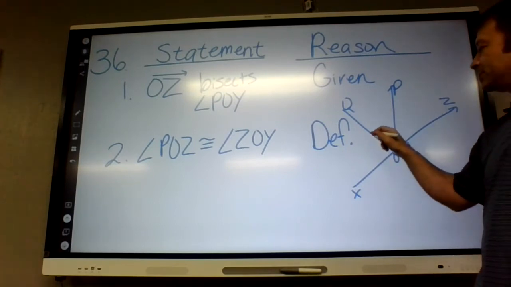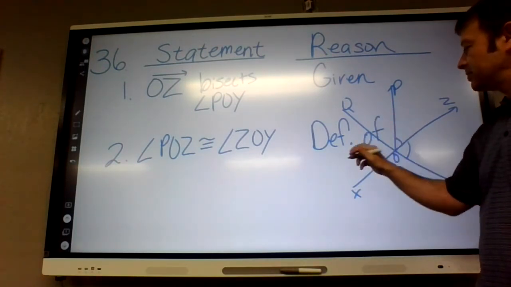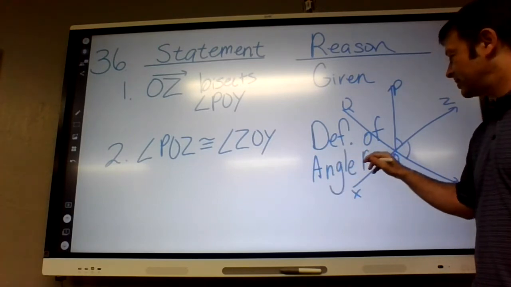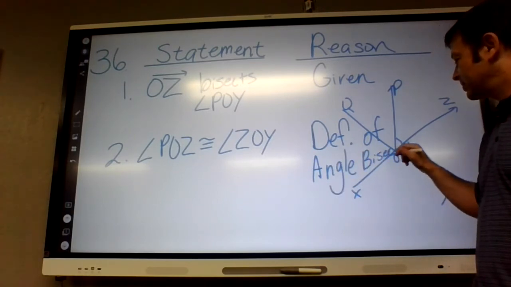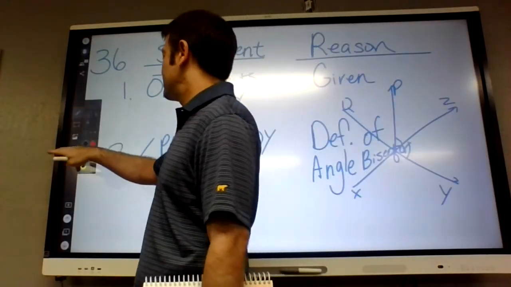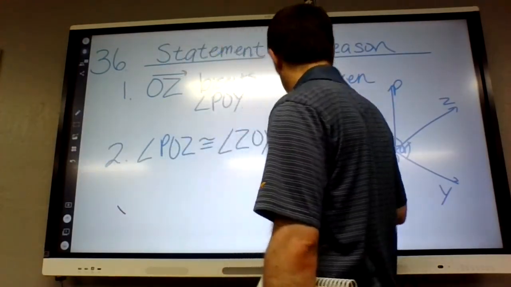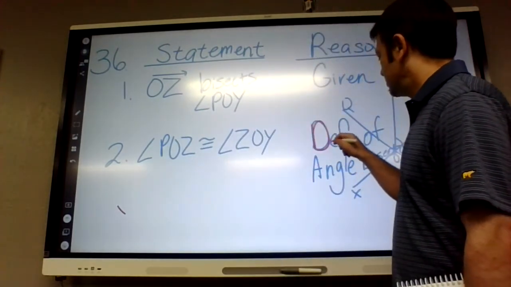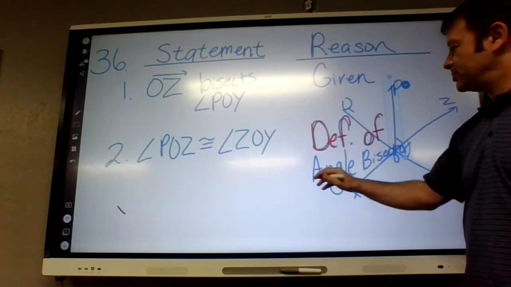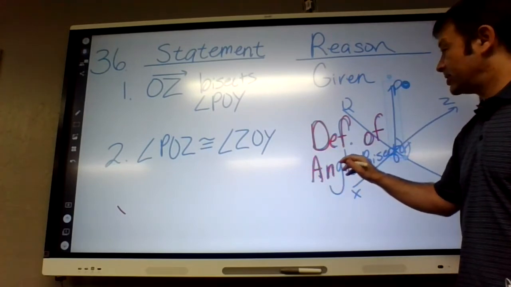So it's a definition of angle bisector. Screwed up my picture. You guys see that really well? Definition. The reason we knew that was true is because that's what an angle bisector does.